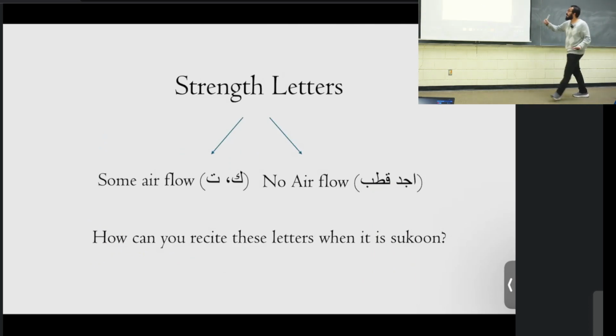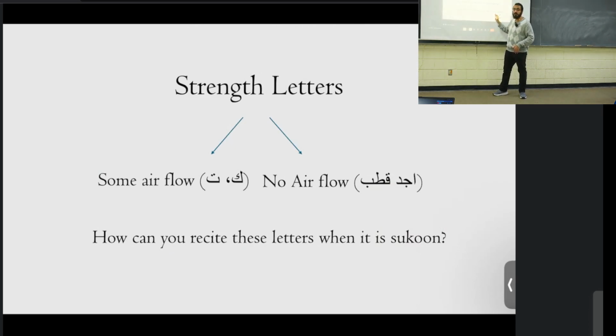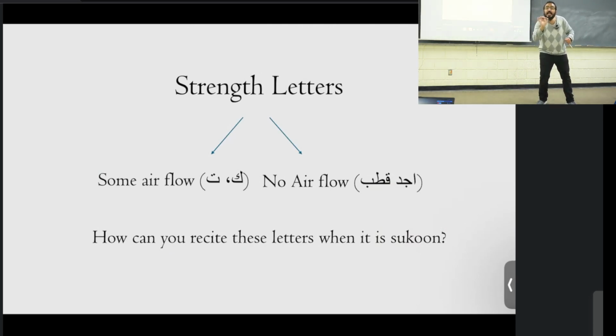So, strength letters, some of them have airflow and some of them have no airflow. So, how can I recite these letters? With the kaf and ta, it's simple. I close the makhraj, I say ak, and then I let the air flow. Ak, ak, ak. That's what I do. What about these other ones?